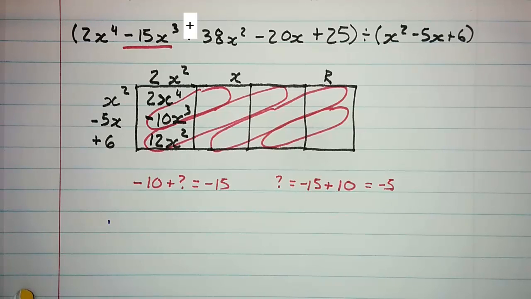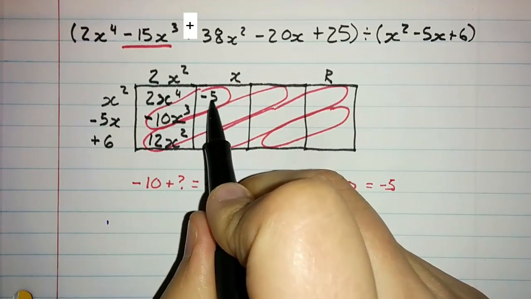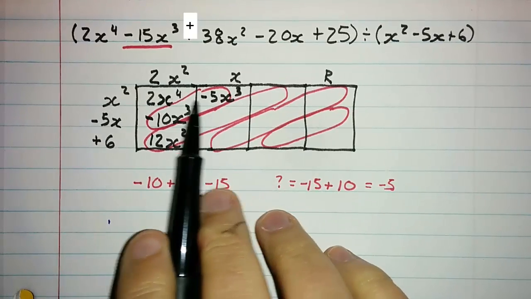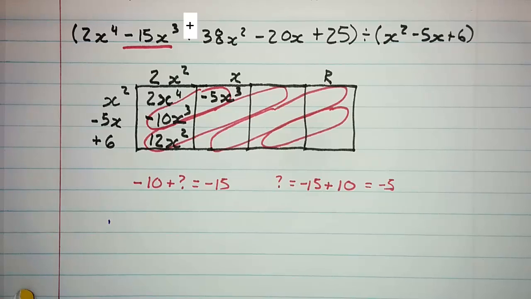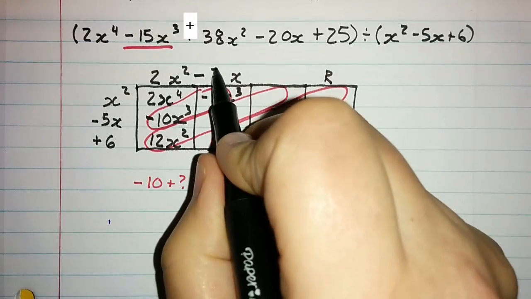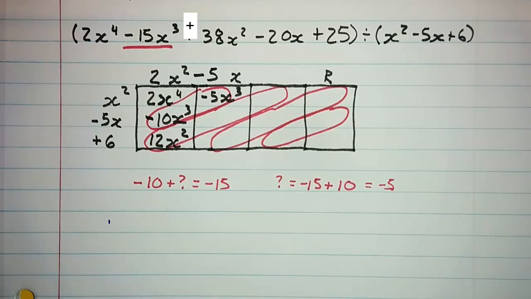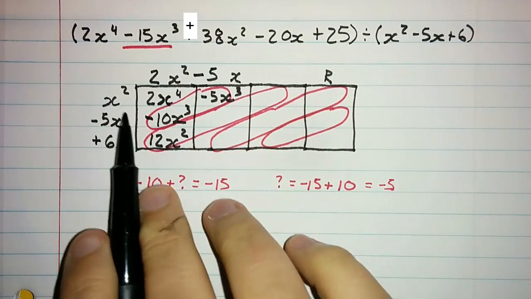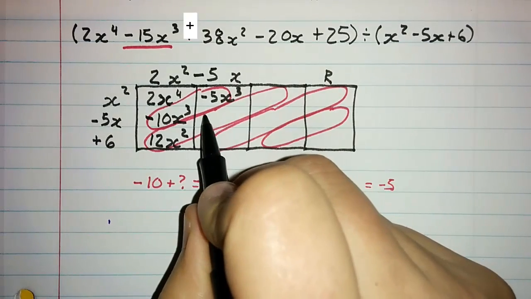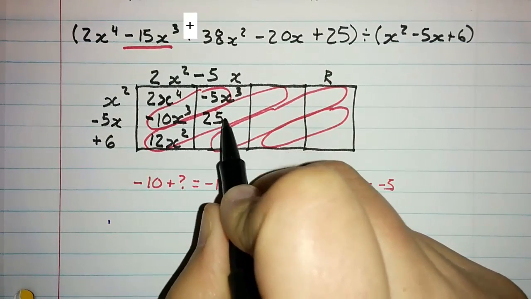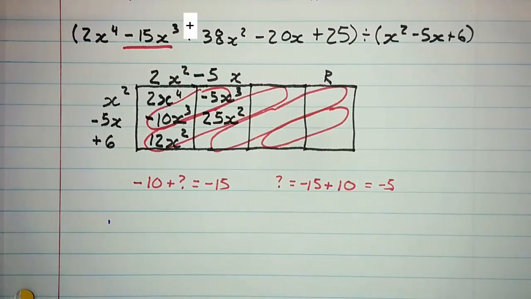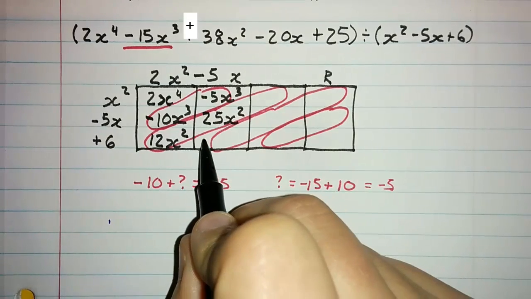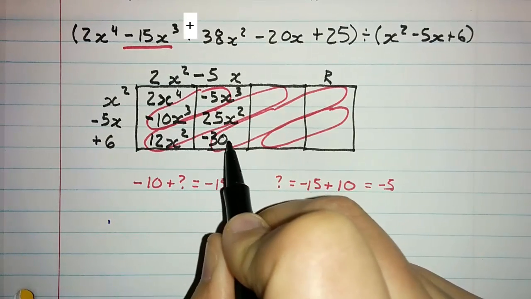So I'll need a negative 5x cubed here. What times x squared will give me negative 5x cubed? Negative 5x will give me negative 5x cubed. Negative 5x times negative 5x is positive 25x squared. Negative 5x times positive 6 is negative 30x.